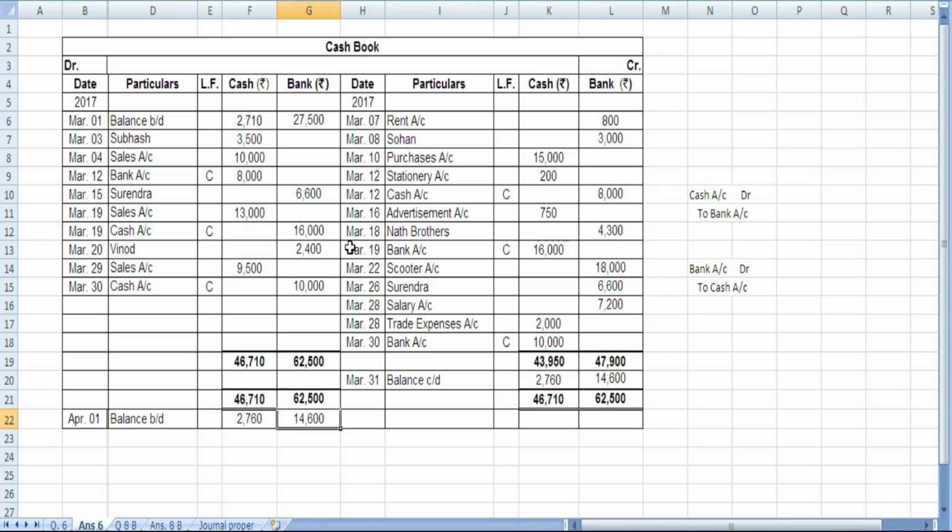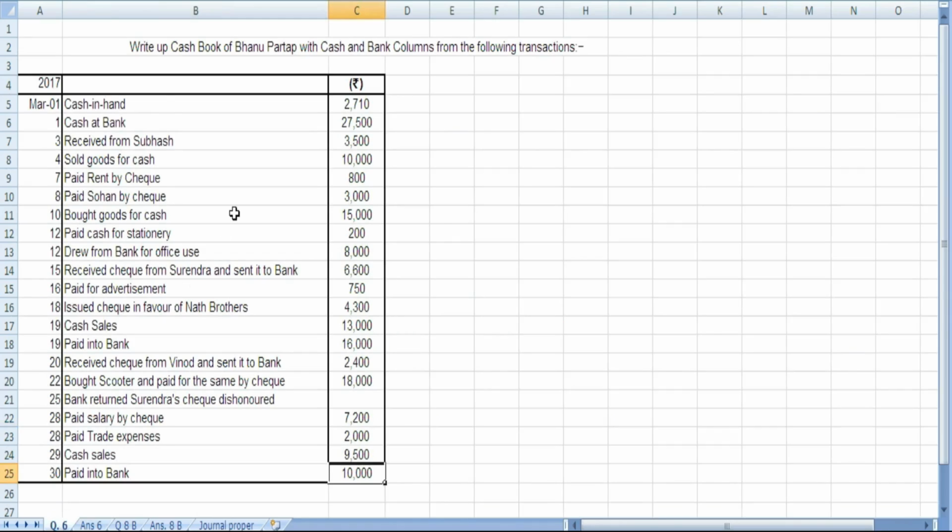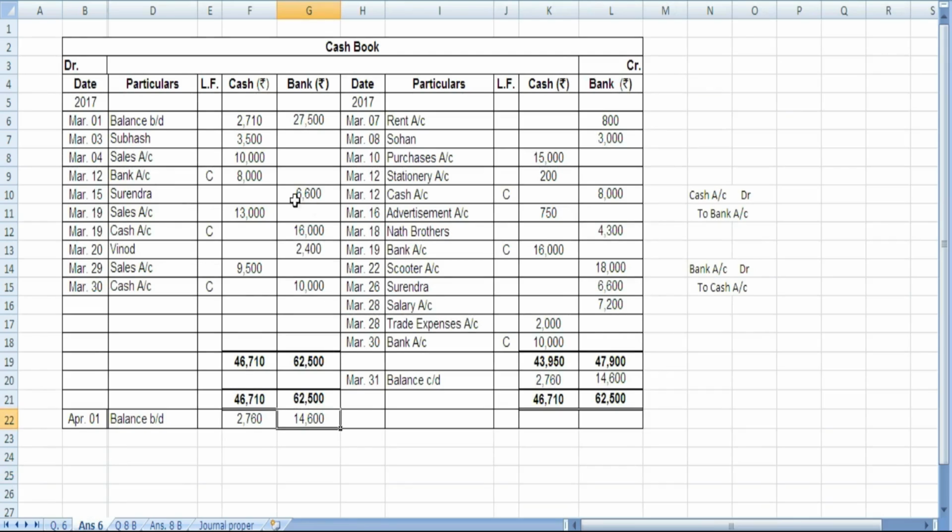So you will have to make the journal in your mind, and then you will have to put it in the cash book. Okay, so here we have done question 6. In my book it is question 6. So you can see in your book which question it is. So we have learned to make a double column cash book.